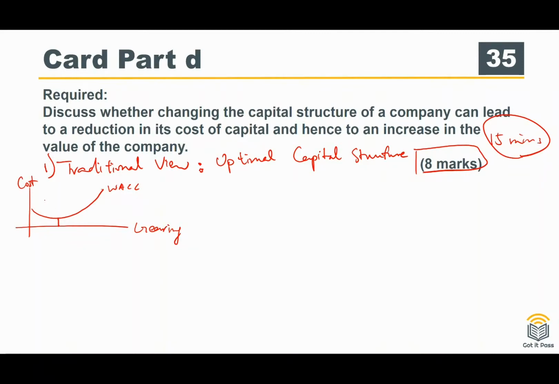Once you increase your gearing from zero here, you enjoy the lower cost of debt by gearing up your company, because cost of debt is lower than the cost of equity. But at the same time, the cost of equity doesn't go up a lot because the financial risk is not high, especially in the initial stage of gearing up your company.